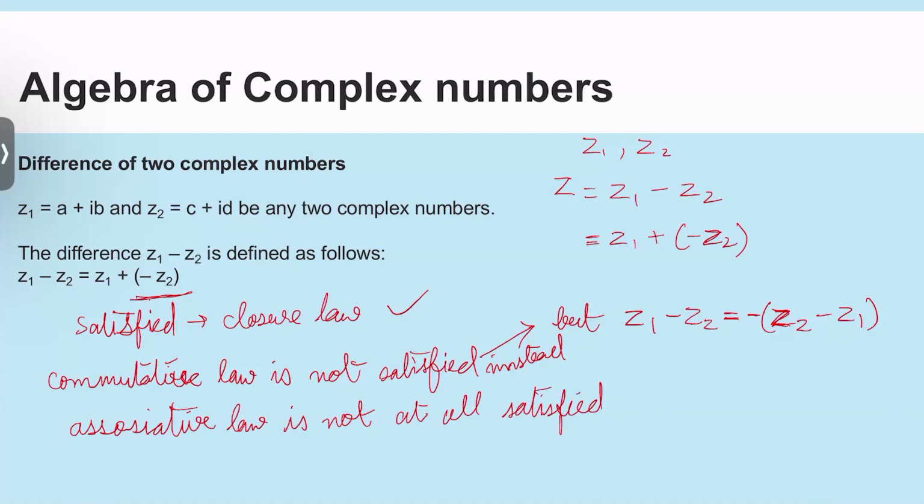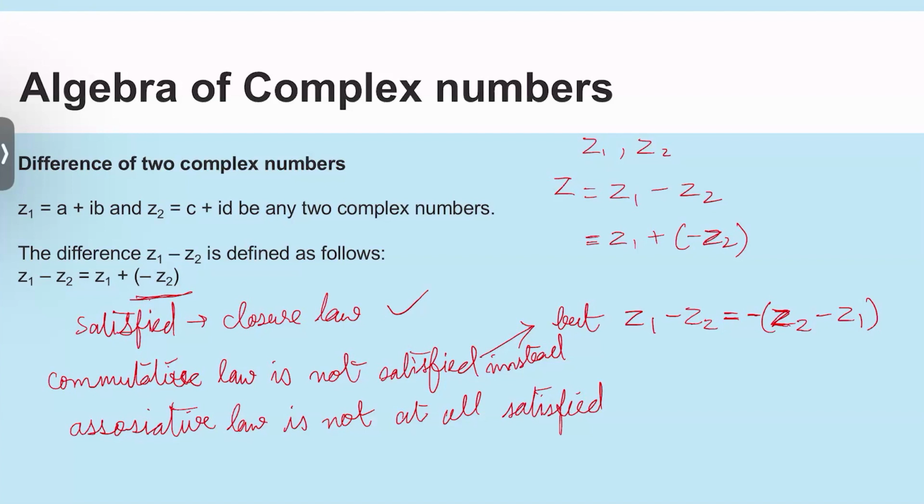So we can see that when we apply different operations on two complex numbers, there is a difference. Not all laws are applicable to both addition and subtraction of complex numbers. So you have to be careful when finding the difference between two complex numbers.